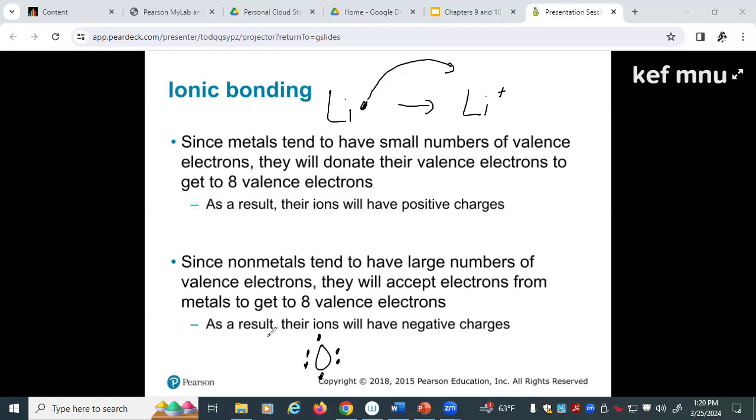Oxygen, on the other hand, since it has 6 valence electrons, it's gonna have to grab 2 more electrons to get to 8.